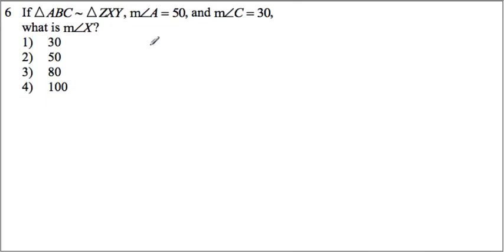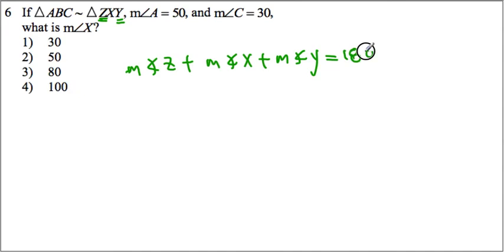Two triangles are similar. Angle A and angle C are 50 and 30, meaning in this case, when you look at the correspondence, angle A corresponds to angle Z, angle C corresponds to angle Y. So in other words, the measure of angle Z plus the measure of angle X plus the measure of angle Y, we know that to be 180 because the sum of the interior angles in a triangle is 180.